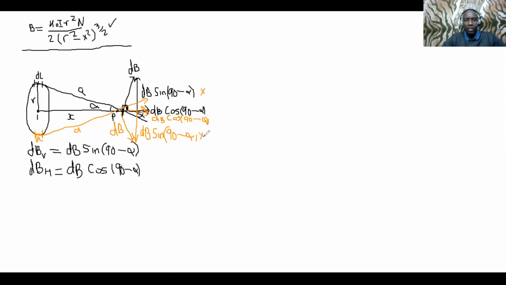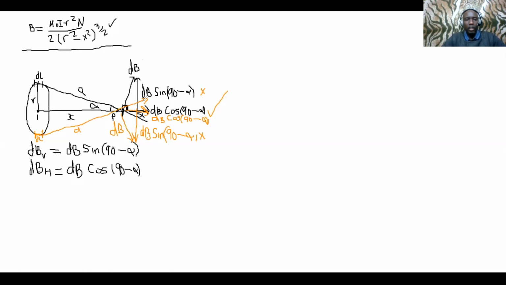That is the important thing you need to note when you are deriving the expression of magnetic field along the axis of the circular coil by using Biot-Savart Law.